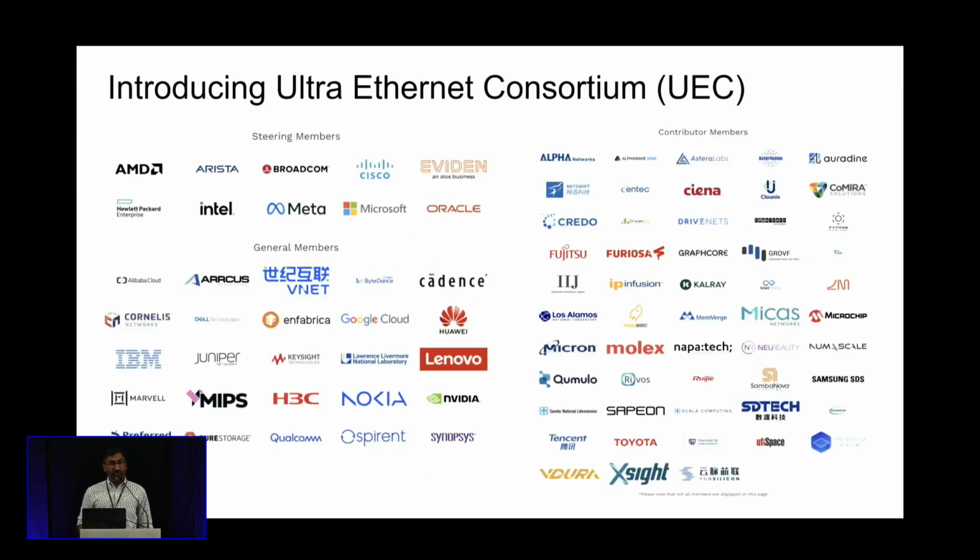Okay, so we'll take a short right turn and talk a little bit about UEC, and then I'm going to let Nick come and talk about what the Ultra Ethernet Consortium is doing for it, and the efforts we're taking in Linux.